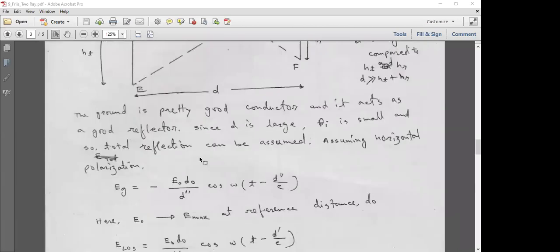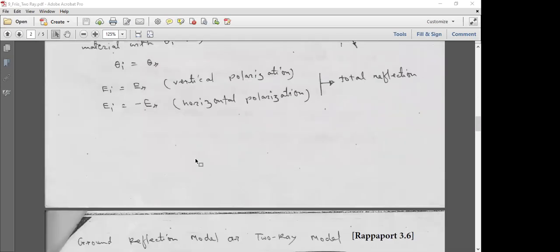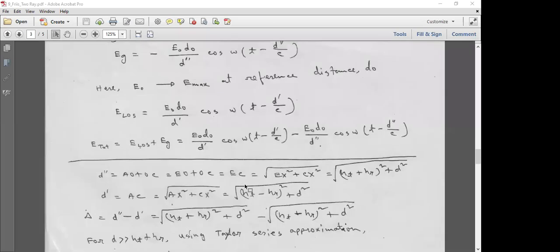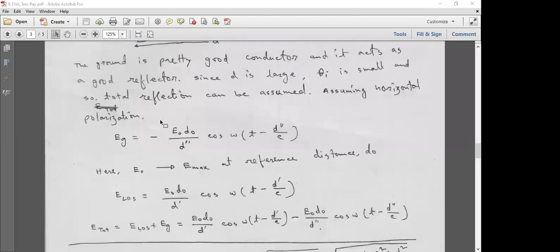Now, for the reflected component, we are covering a different distance d double prime. Secondly, we'll have a negative sign added here. So these are the two differences. For EG, we change the distance to d double prime, and we add a negative sign, which is the change of phase at the point of reflection.